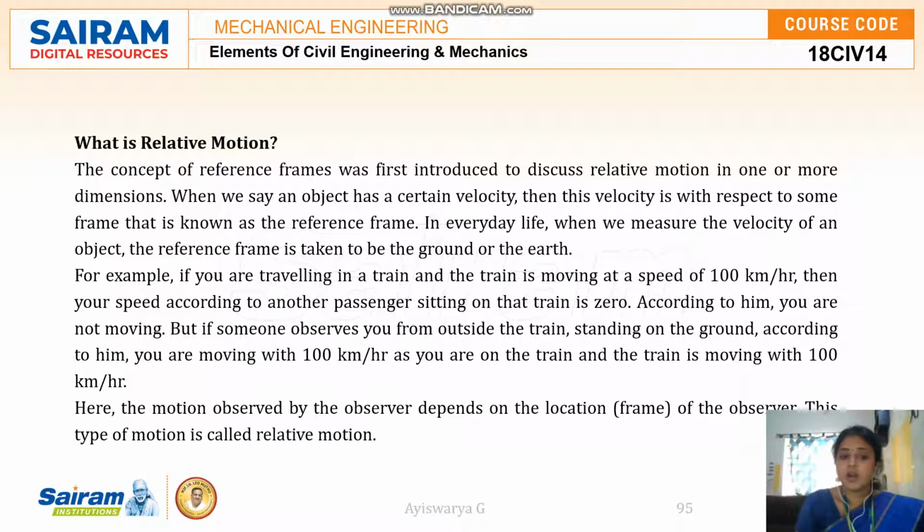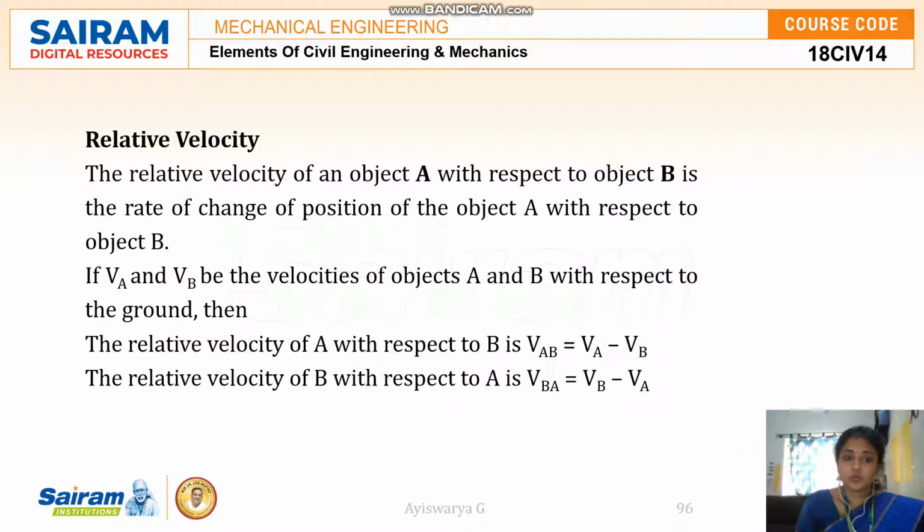But if someone observes you from outside the train standing on the ground, according to him, you are moving with 100 km per hour as you are on the train and the train is moving with 100 km per hour. So here, the motion observed by the observer depends on the location, that is the reference frame. And this type of motion, that is with respect to something, is called relative motion. Right, so are you clear?